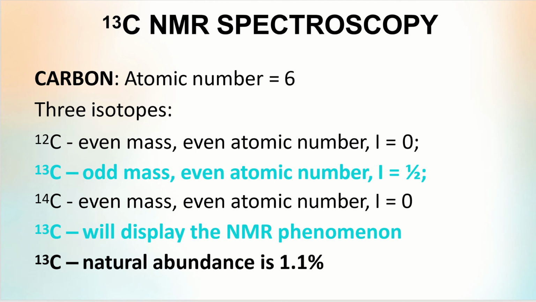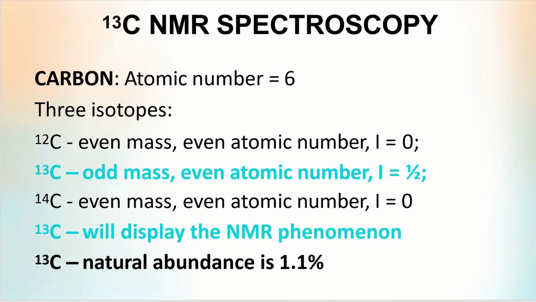And carbon-13 is the isotope of interest because it has spin I equal to a half. It has an odd mass number, even atomic number. And so because of that, it will display the NMR phenomenon.